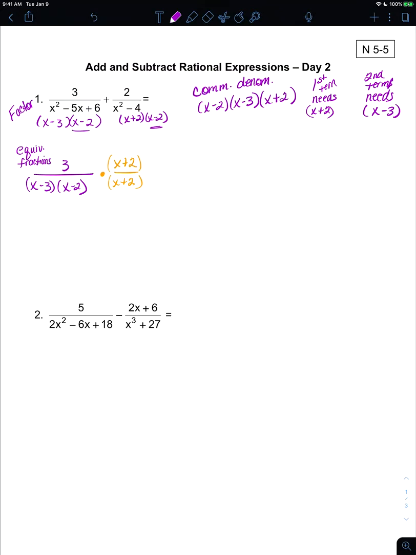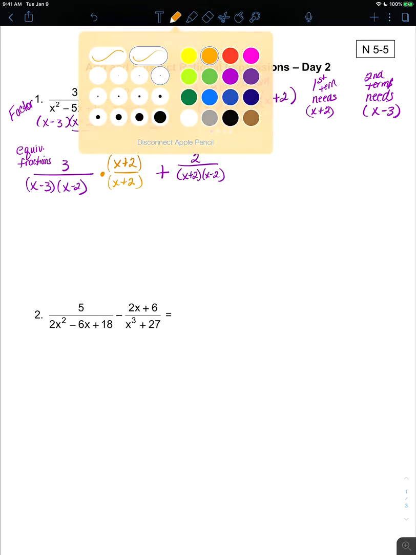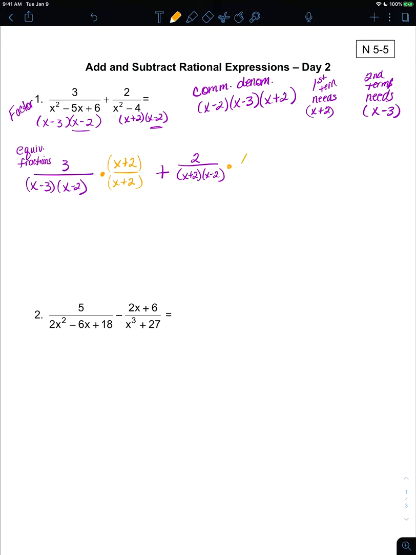Now we have a plus sign, and we've got our second term, that 2 over that x squared minus 4, but we're going to leave it in factored form, x plus 2, x minus 2. Now that term, we said, needs that x minus 3. So we're going to multiply that term by the x minus 3.